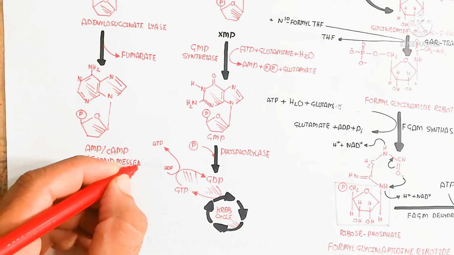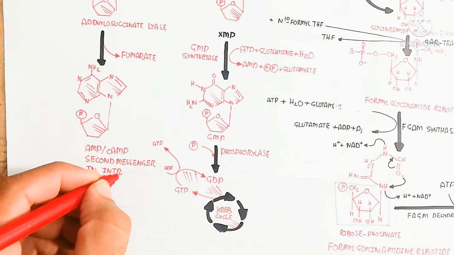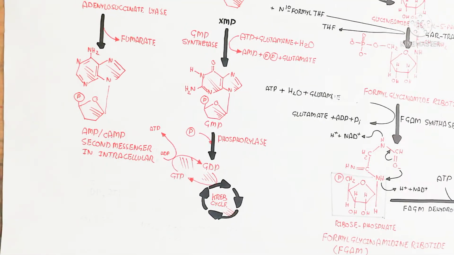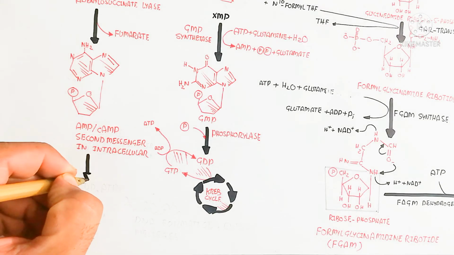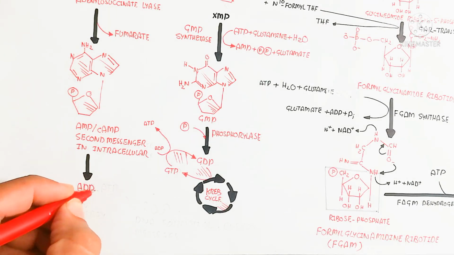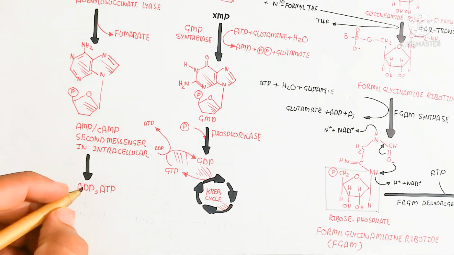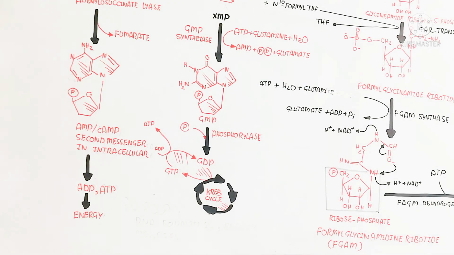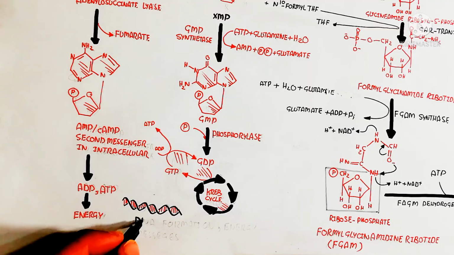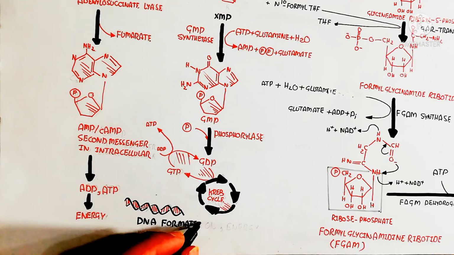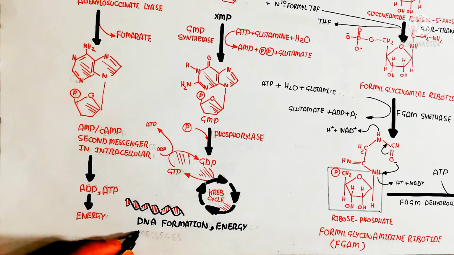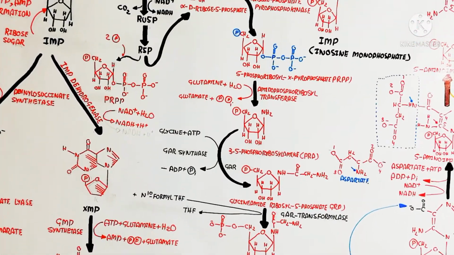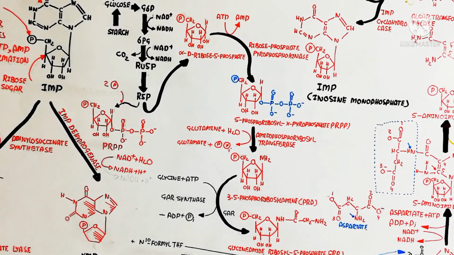So this is the AMP and cyclic AMP formation, the second messenger in the cell, and ADP and ATP are used as energy in the Krebs cycle, as well as in glycolysis and the electron transport chain. So all of this gives DNA formation, energy, as well as messengers for molecular messages.